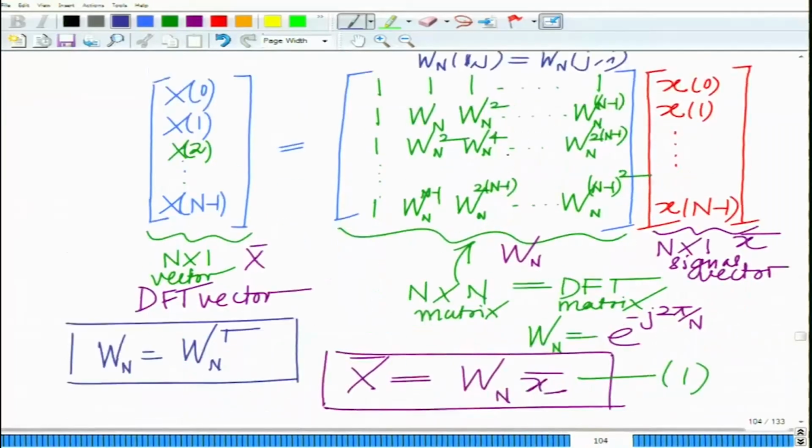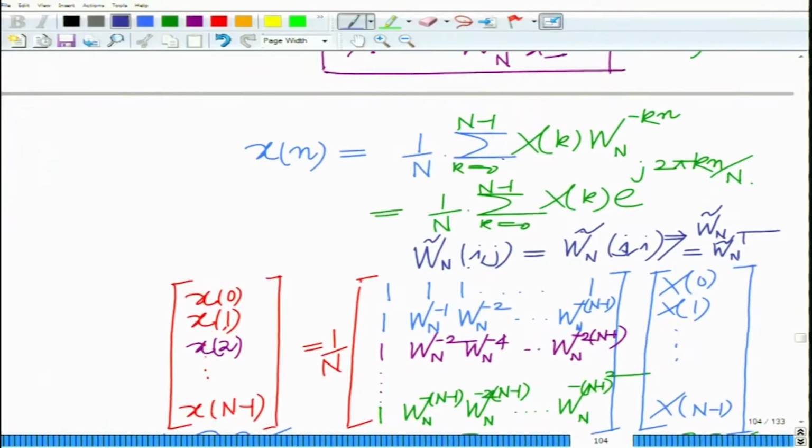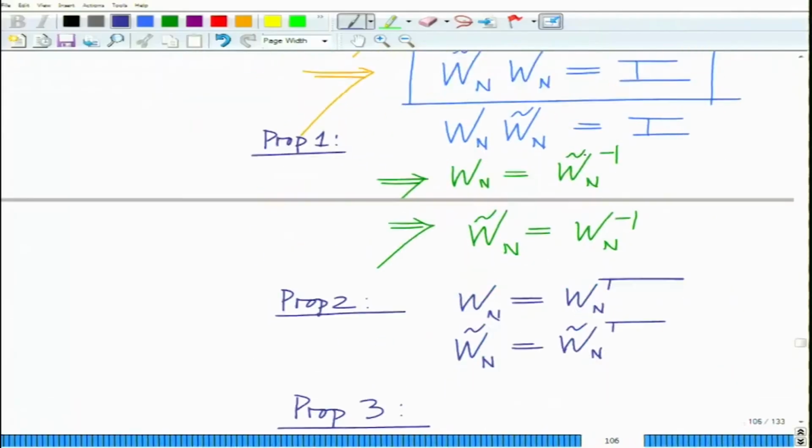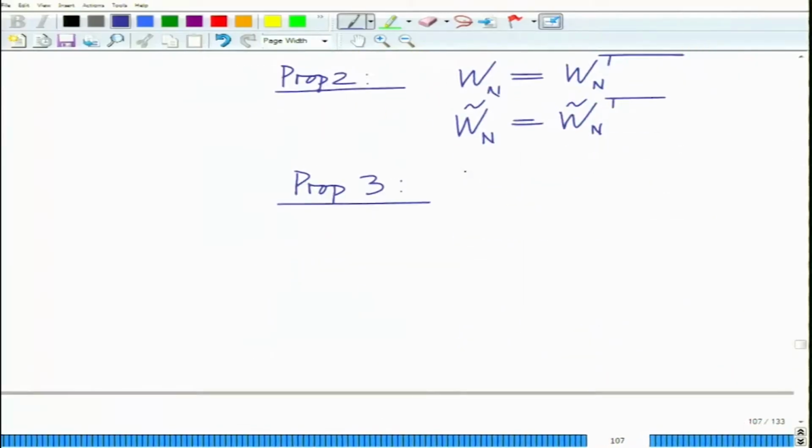Now, if you look at Wn tilde of 2 comma 3, that is Wn raised to minus 2 divided by n, that is e raised to minus j 4 pi over n, whole divided by n. So, you can see that these elements are complex conjugates of each other. These are interesting properties.